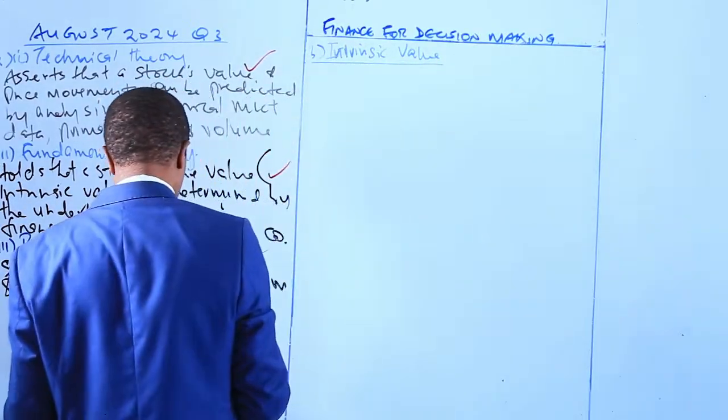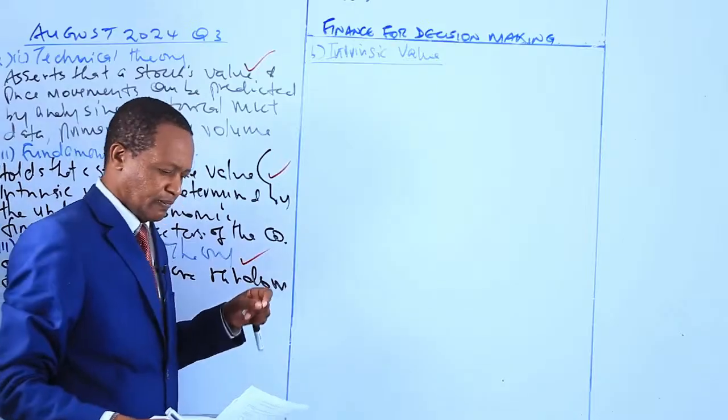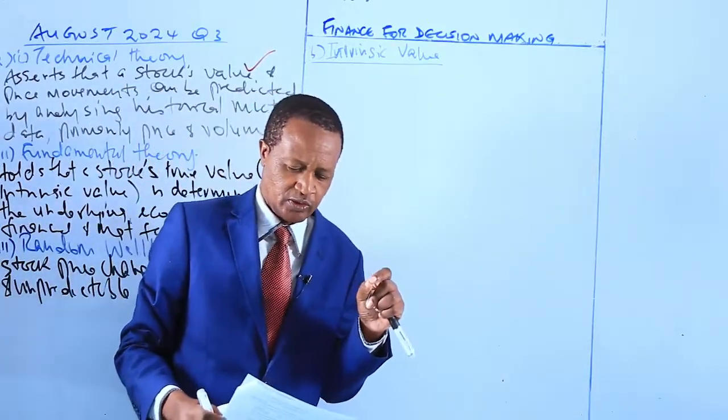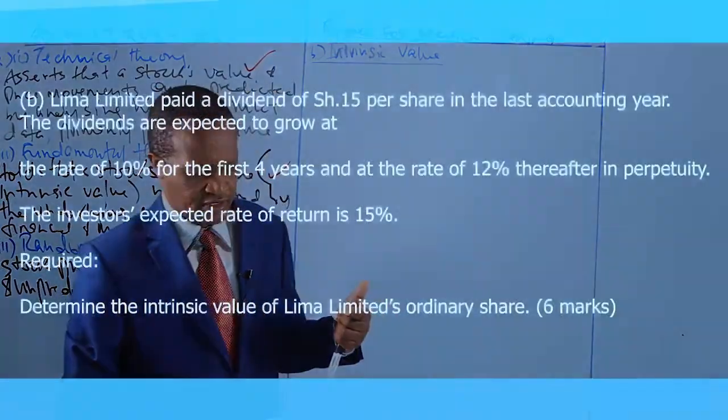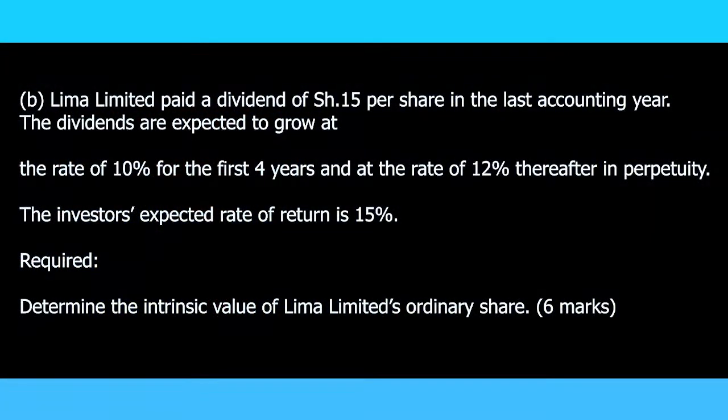Now, to determine the intrinsic value of these shares, candidates, we will look at the question again. You can see we are told that the value of the dividend is 15 shillings. So, to determine the intrinsic value, we will first of all grow the dividend at 10% for the 4 years. We grow that dividend because we are told the dividend will be growing.